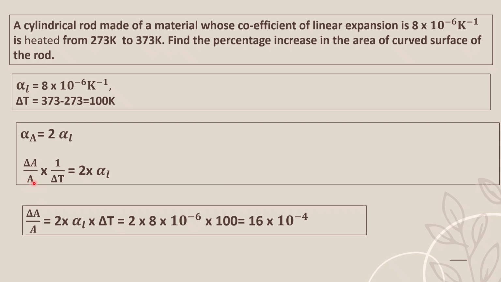Delta A by A equal to 2 alpha L into delta T. On substituting the values, 2 into alpha L is 16 into 10 raised to minus 6 and difference of temperature delta T is equal to 100. We get 16 into 10 raised to minus 4.